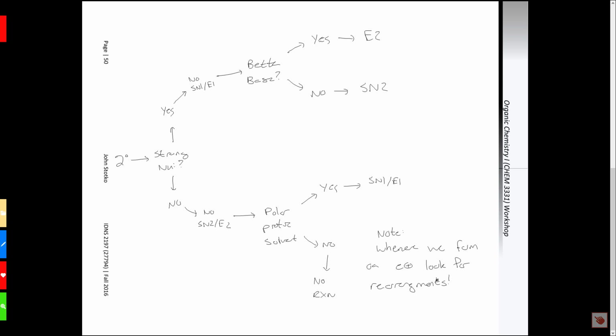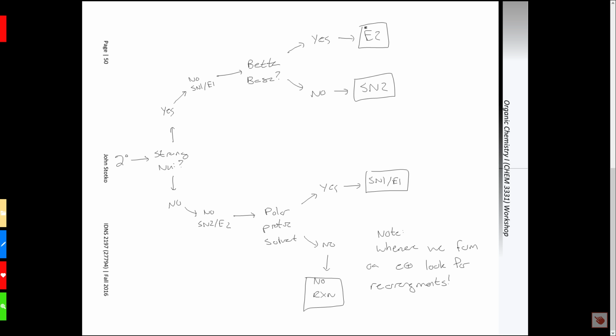Every time you form that carbocation, check to see if you can do a hydride shift or a methyl shift or a ring opening or something like that, to where that carbocation can go from secondary to tertiary or something of that nature. That comes into play every time we hit an SN1/E1 reaction. And I forgot to actually box our end points.